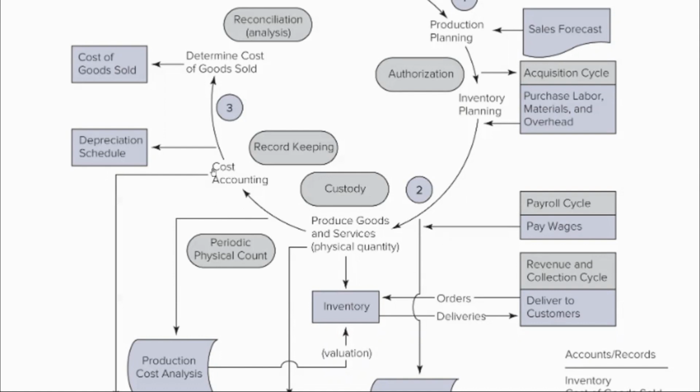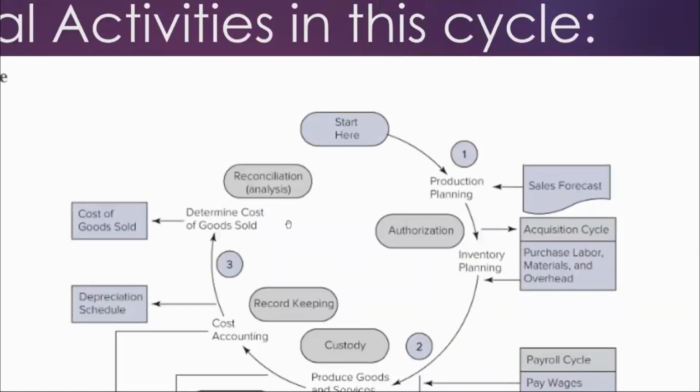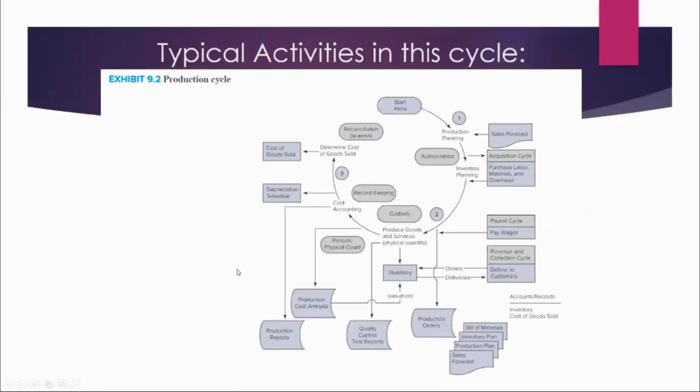We're also going to have our allocation of our overhead. We know the direct materials and the direct labor that get put into that inventory. We also have to allocate that overhead amount, or those indirect costs, to our products as well. And all of that helps us to determine our inventory value as well as our cost of goods sold. And that essentially is the production cycle.